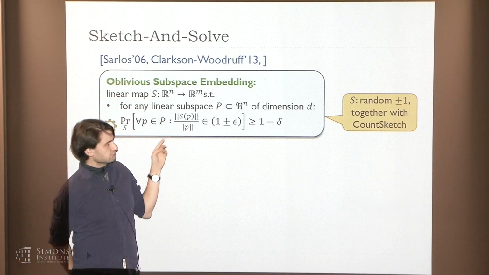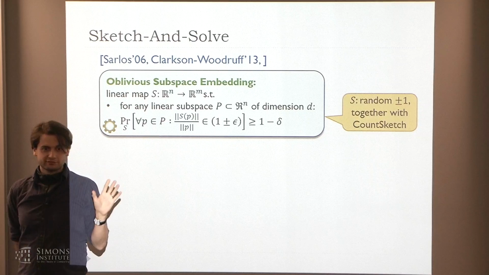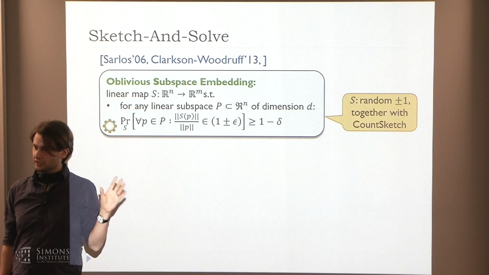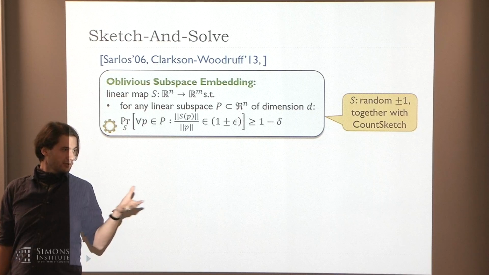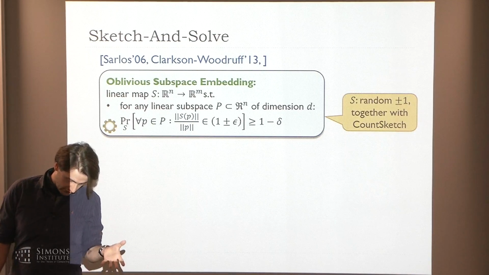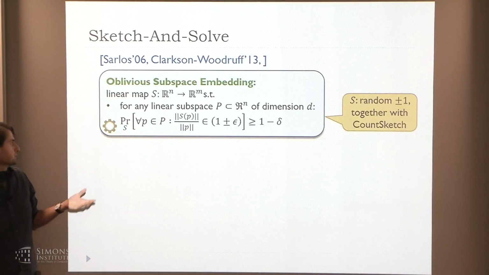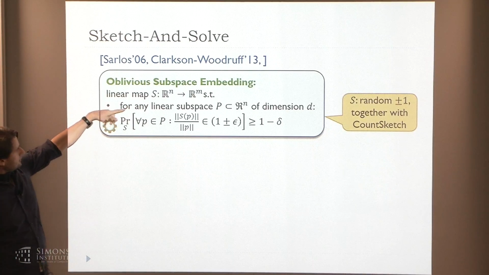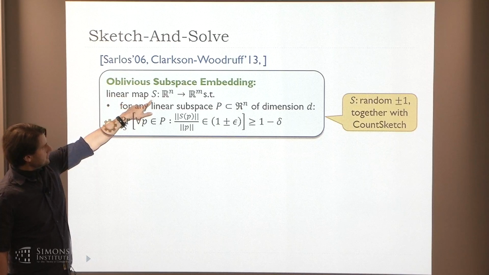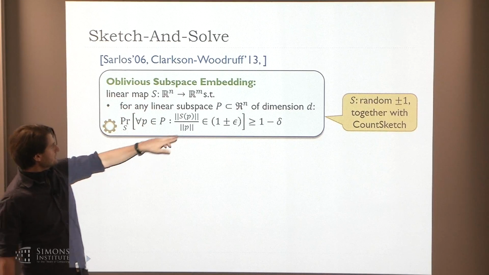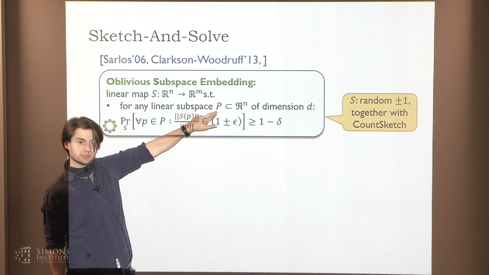I assume that all of you have seen dimension reduction, the classical Johnson-Lindenstrauss lemma, which says that if you take a random Gaussian matrix, it is dimension reducing and it preserves the L2 norm up to some approximation. Here this is a generalization in the sense that it doesn't hold just for any particular vector, with high probability, but it holds for an entire subspace.